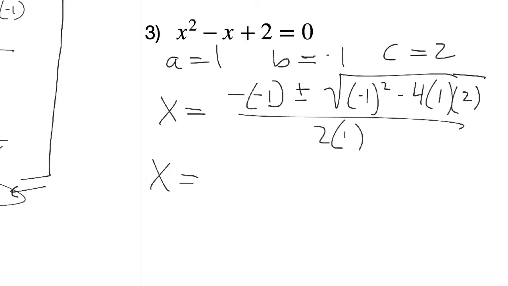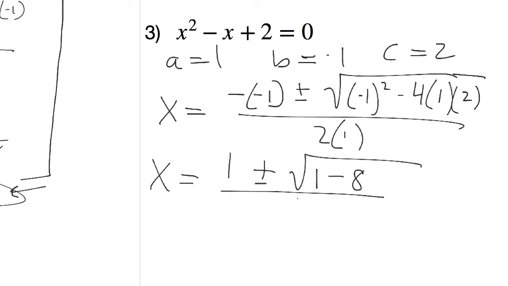Let's simplify that. We get 1 plus or minus the square root of 1 minus 8, over 2. Uh-oh. I'm smelling some imaginary numbers here. x is going to equal 1 plus or minus the square root of negative 7, all over 2.